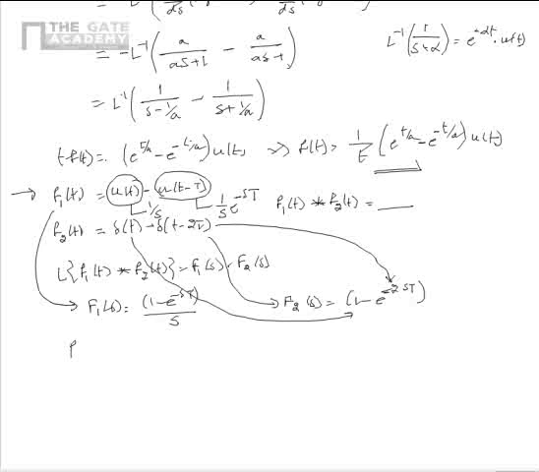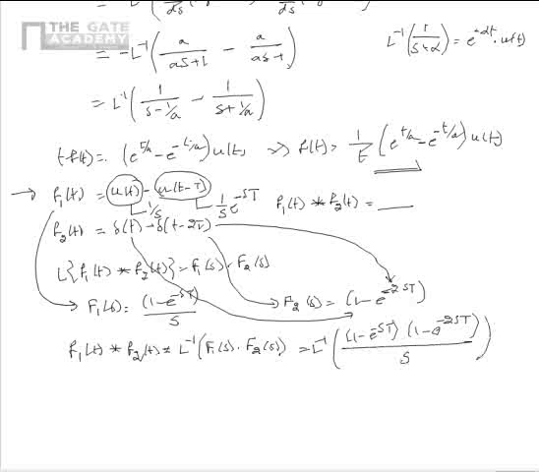So from this we can write that f1(t) convolved with f2(t) is equal to L inverse of F1(s) multiplied by F2(s). This is equal to L inverse of (1 minus e^(-sT)) multiplied by (1 minus e^(-2sT)) divided by s.